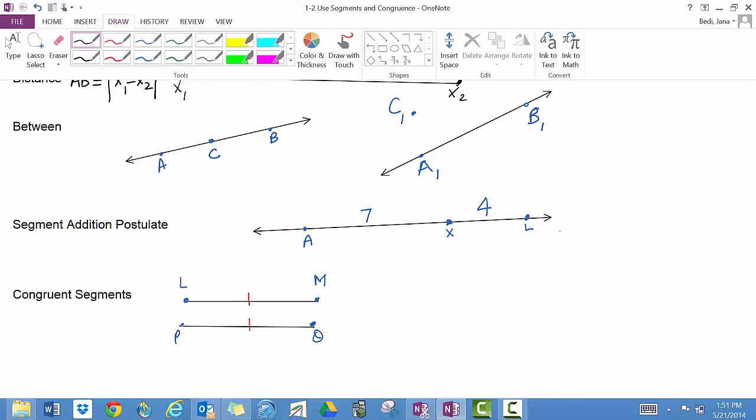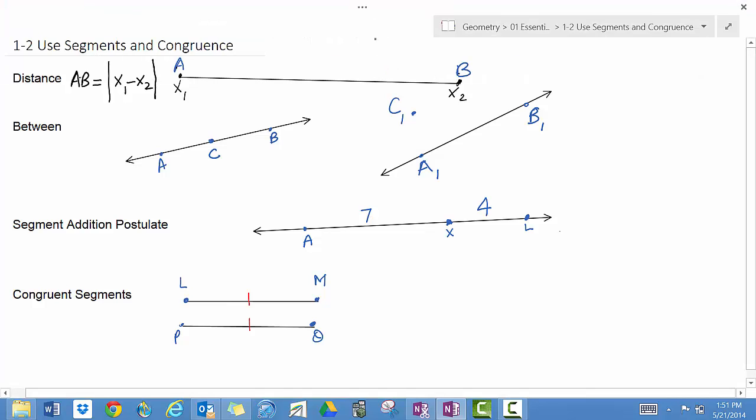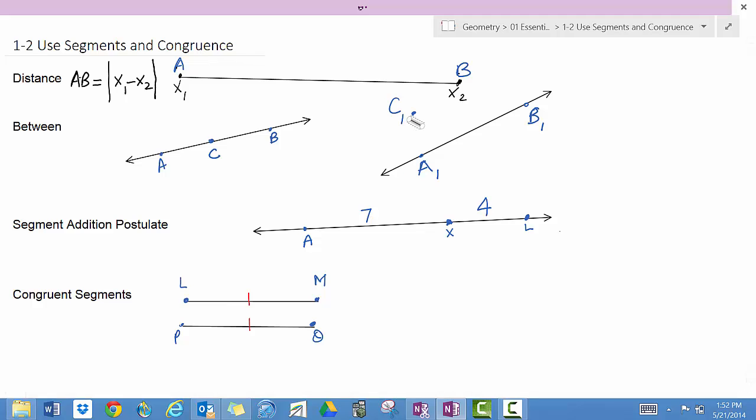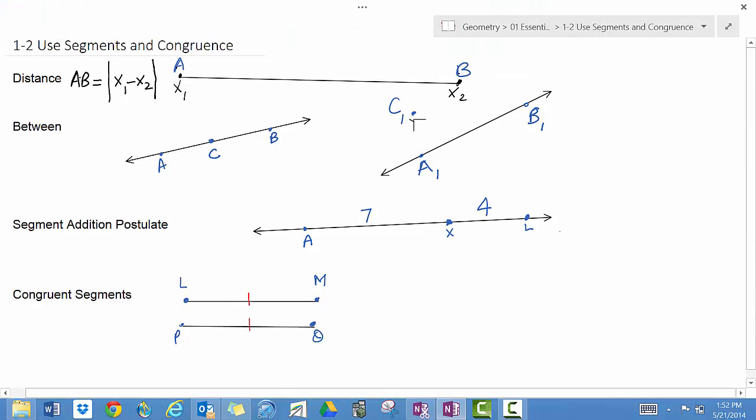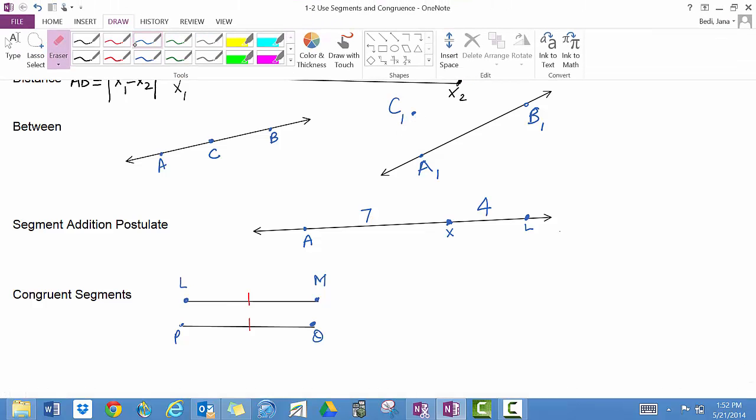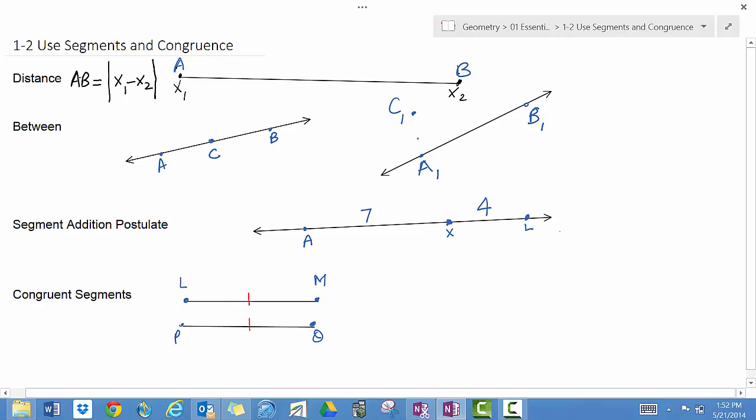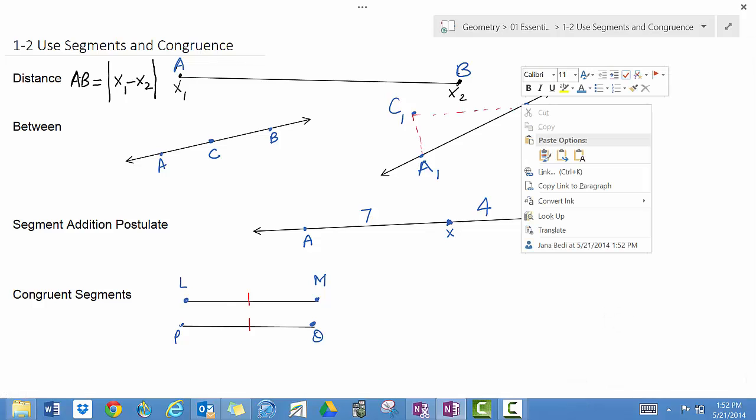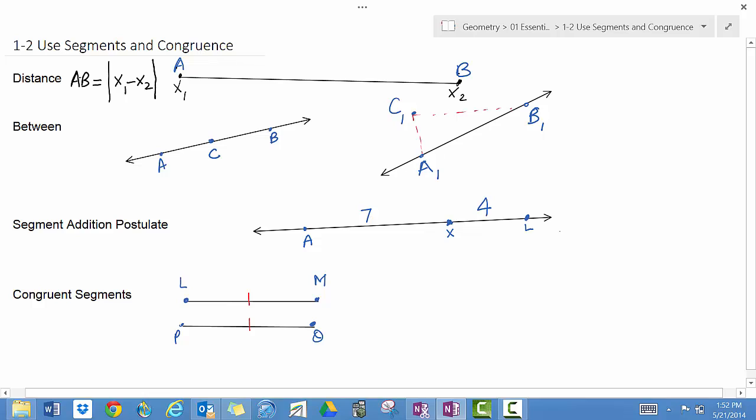Over to the right, we see a point C1 that's not collinear, and one of the ways of determining that it is not collinear is checking to see, can I draw a triangle with these 3 points? And here we can. So if you can draw a triangle, then those points are not collinear.